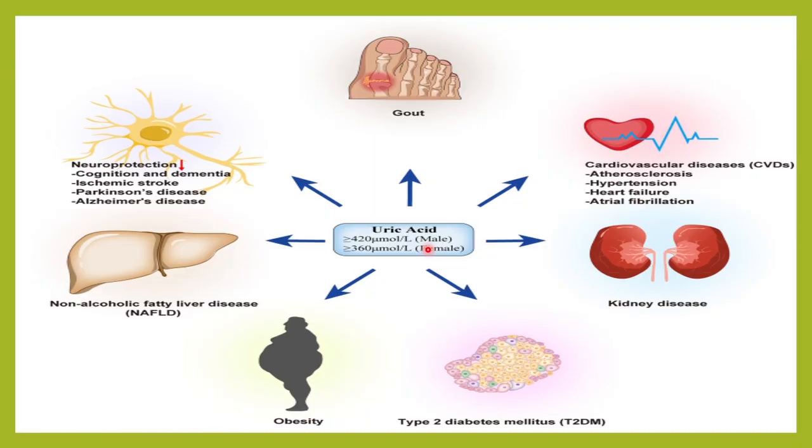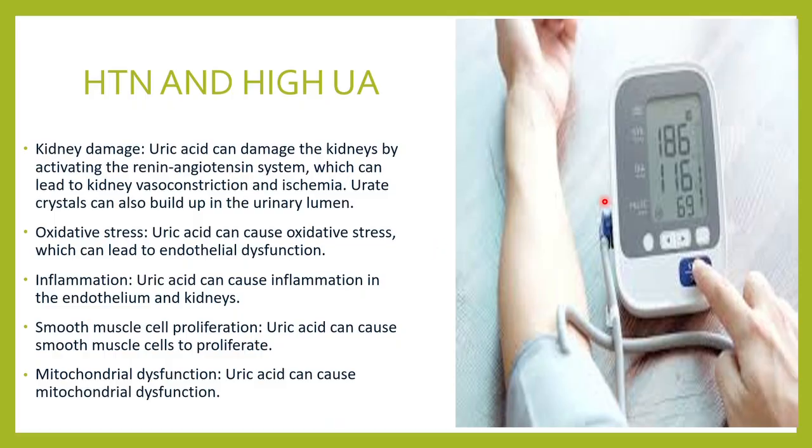So let us see what is the effect of high uric acid and its relation with hypertension or blood pressure. What happens is this uric acid, I have told you, causes endothelial damage. It causes oxidative stress, it causes inflammation. So all this can cause increased blood pressure.